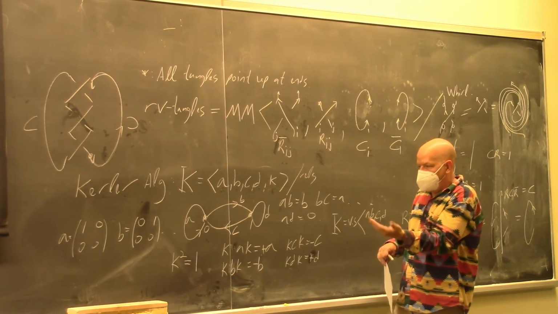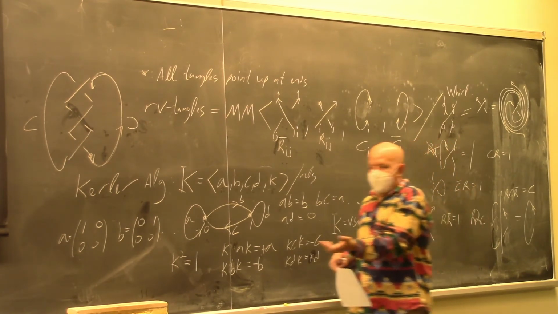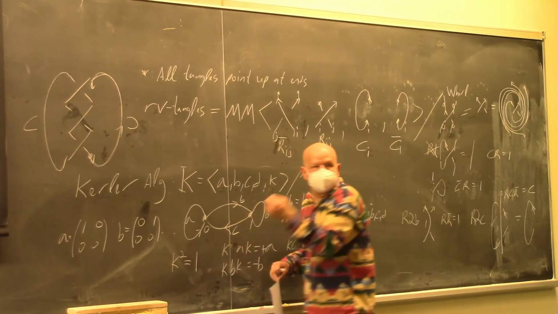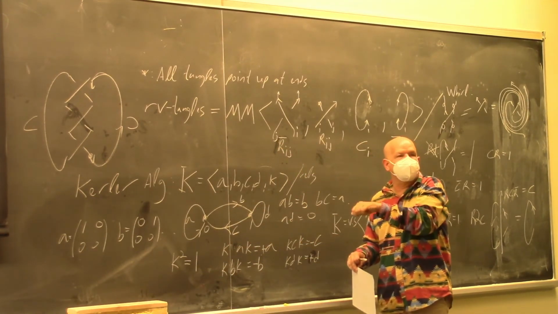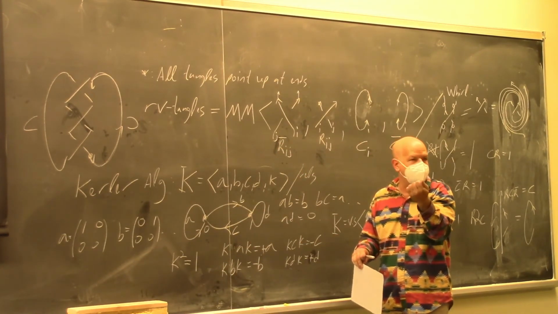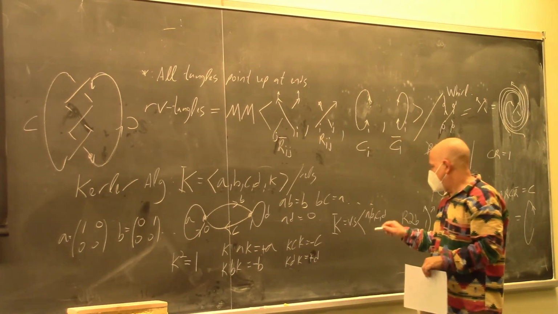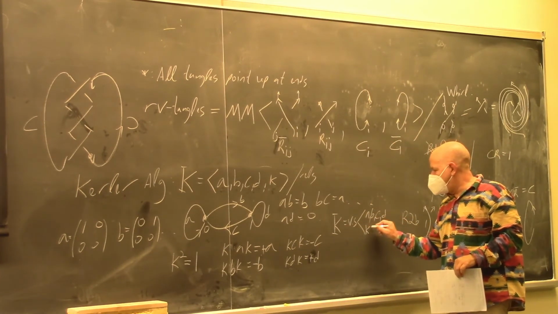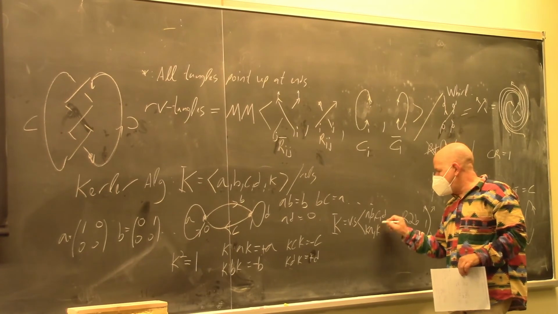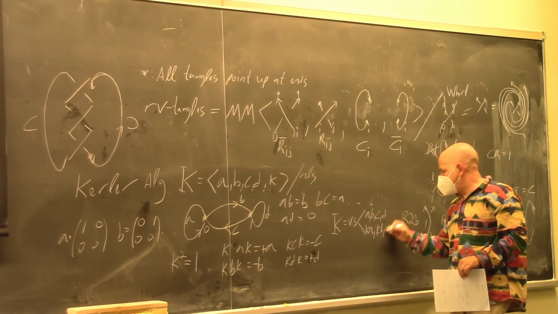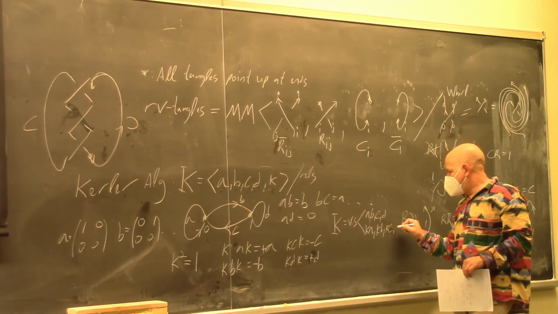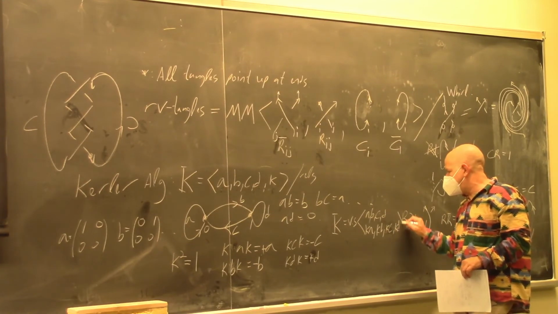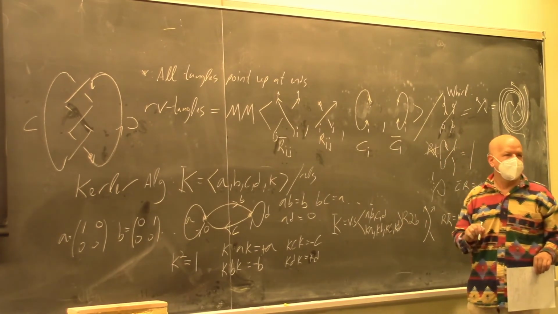But K squared is equal to 1, so there is either 0 K's or 1 K on the left at the end. So the further generators are KA, KB, KC, and KD. So it's an 8-dimensional algebra. Okay?